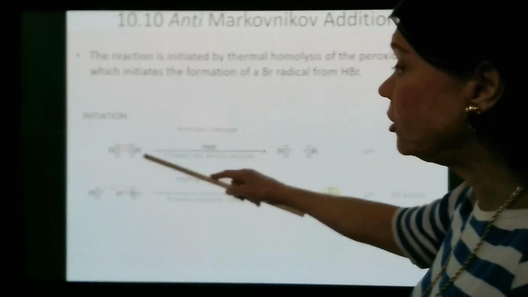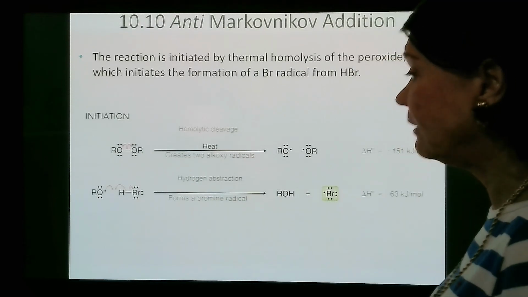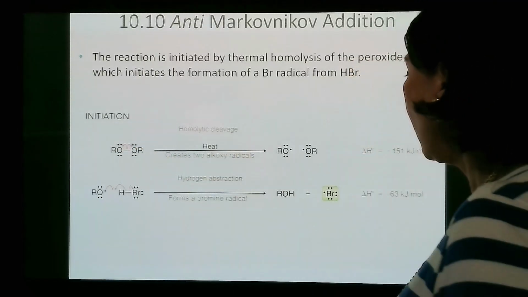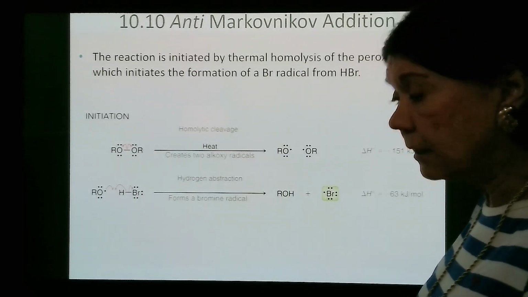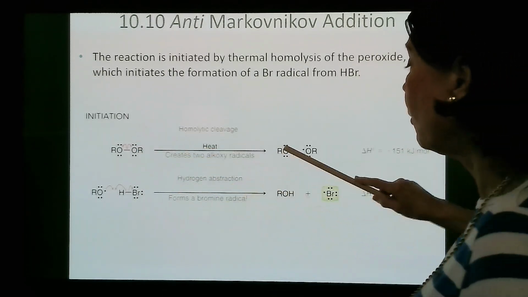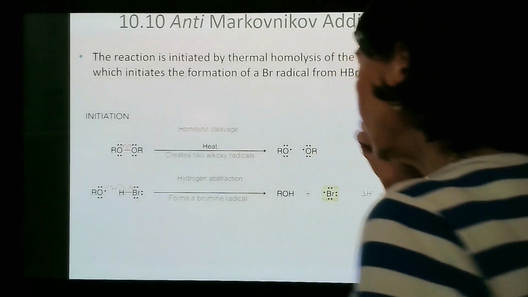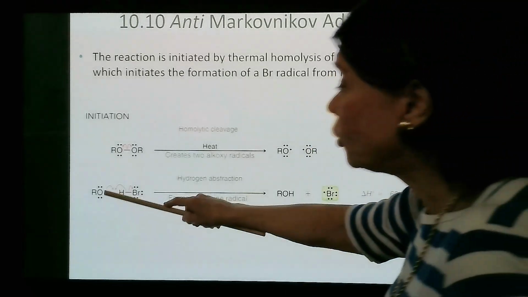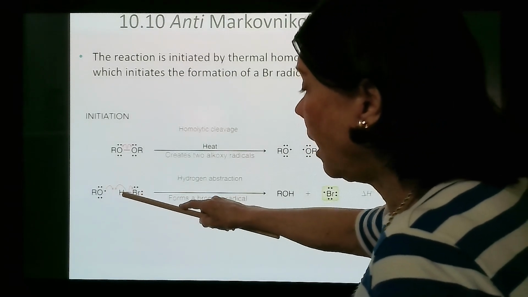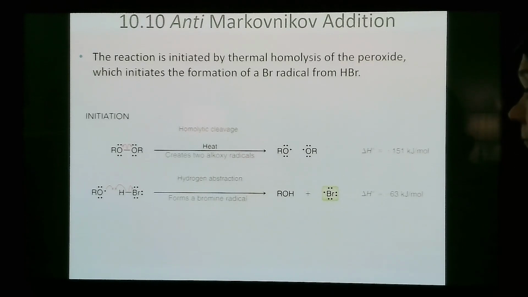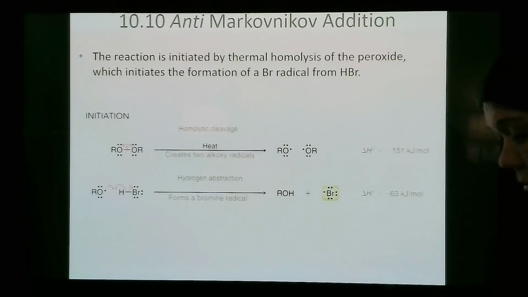Your initiation is the peroxide does a homolytic bond cleavage, because that heteroatom bond is very weak. And so that's where you're going to break. You're going to form two alkoxy radicals. The alkoxy radical is going to react with HBr, and you are generating Br dot. Okay, you have a bromine radical.